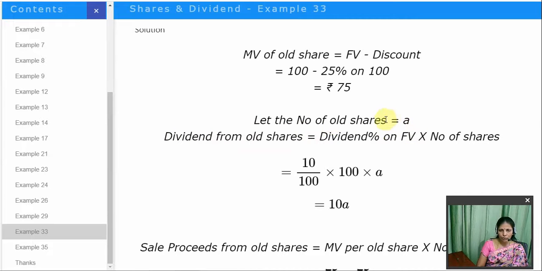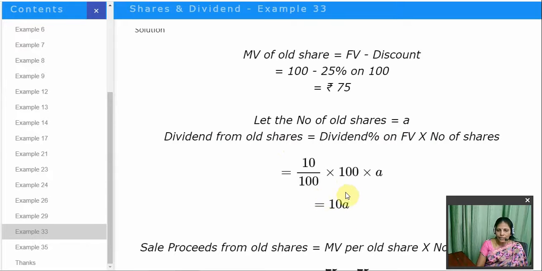So what is his income from his old shares? Dividend from old shares is equal to dividend percentage into face value into number of shares. Dividend percentage is 10%, which is already given. So 10 by 100 into face value, 100, into number of shares, which we assumed as A. When you simplify, you get 10A.